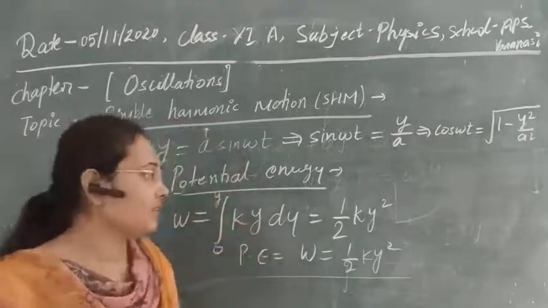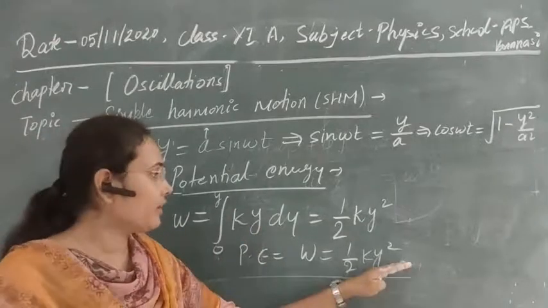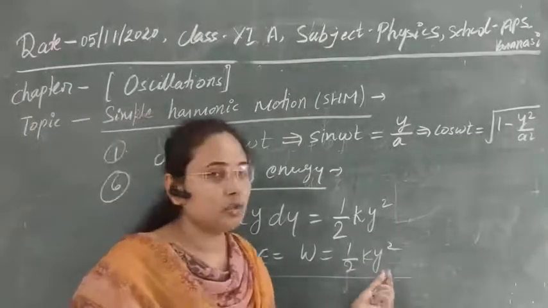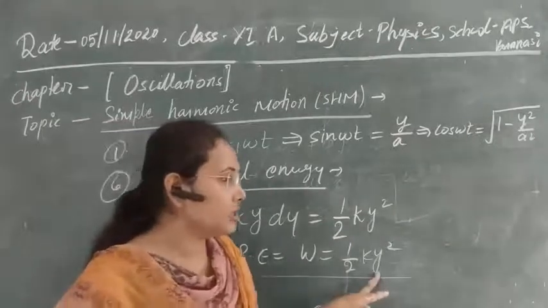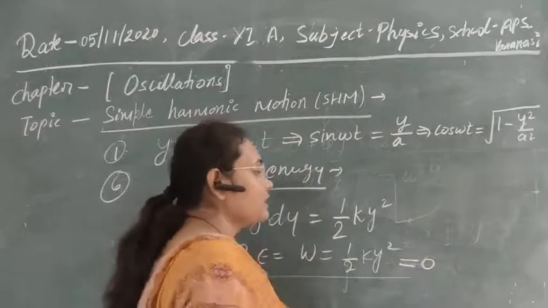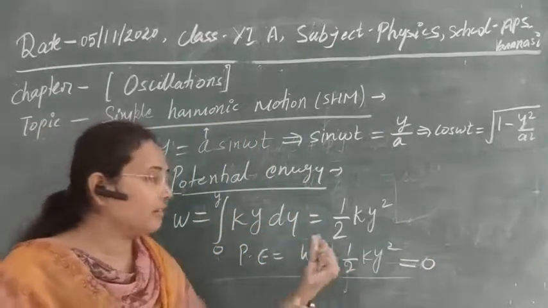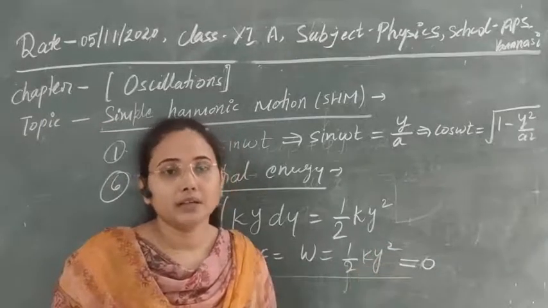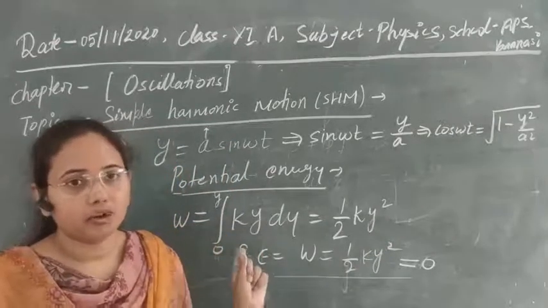And this potential energy will vary in accordance with its displacement. If the displacement is 0, meaning at the equilibrium or mean position, y will be 0, so at that point this value will also be 0. This means in any oscillatory or vibratory motion, the potential energy is 0 at the equilibrium position, and it changes once the particle is displaced from its mean position.